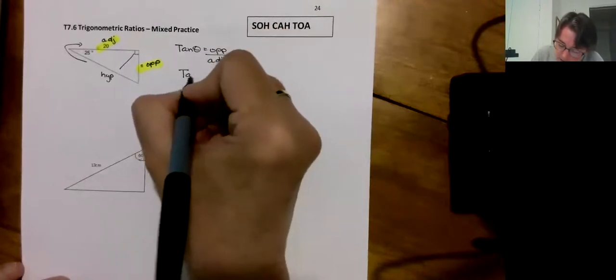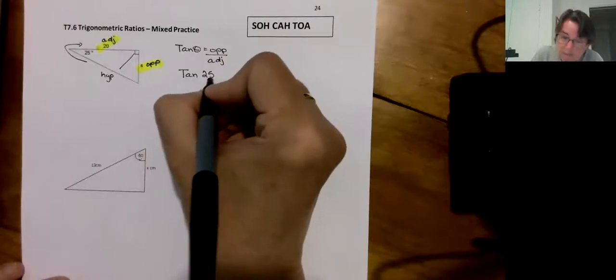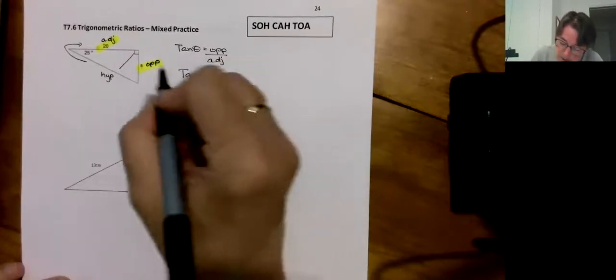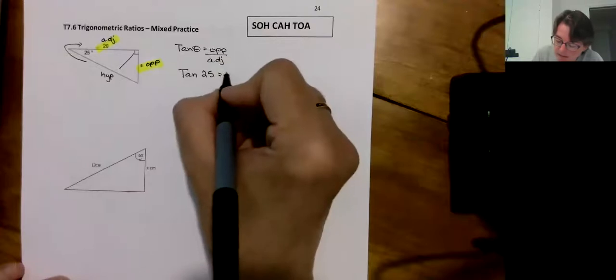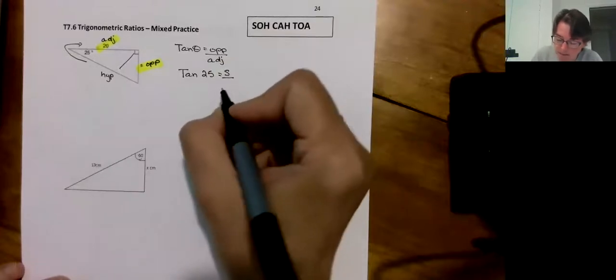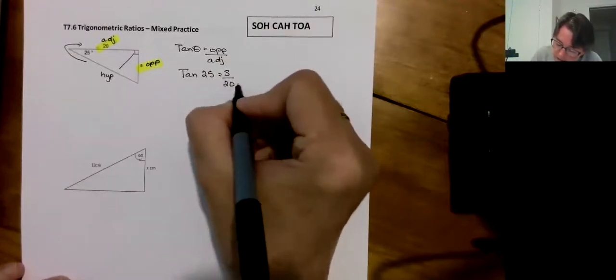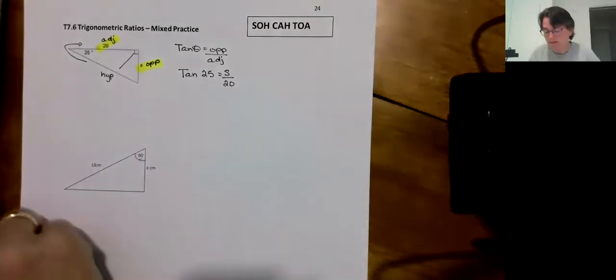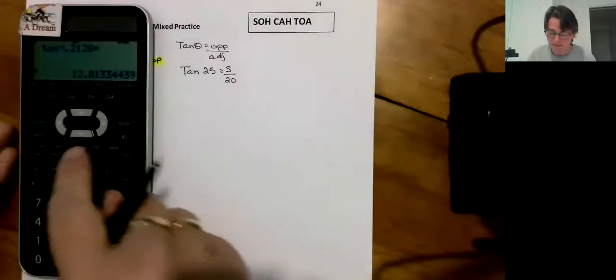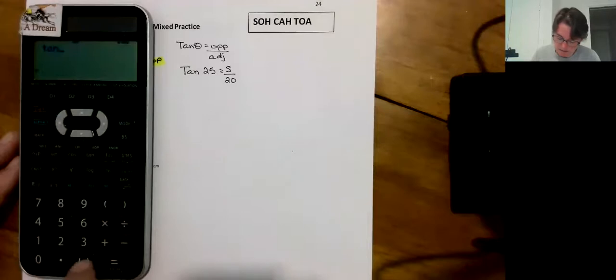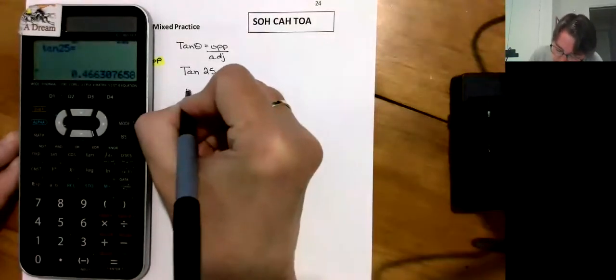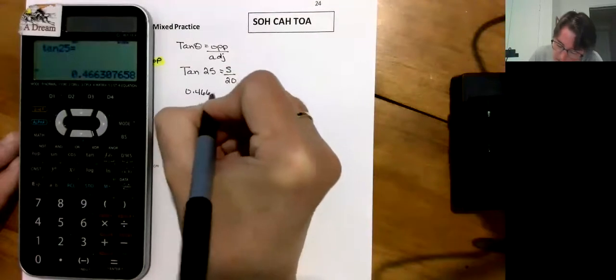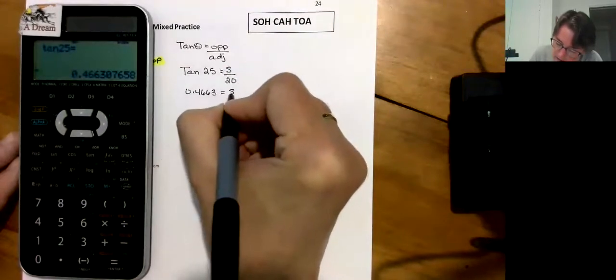Tan 25 is equal to my opposite side, which I'm going to put S in because a little S is there. You can leave it as opposite, it doesn't matter. Over 20. Tangent 25 is 0.4663, equal to S over 20.